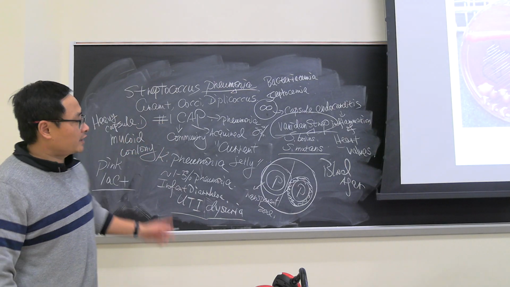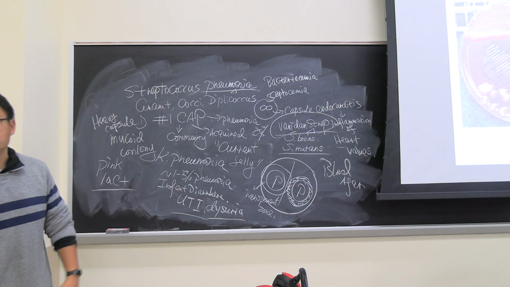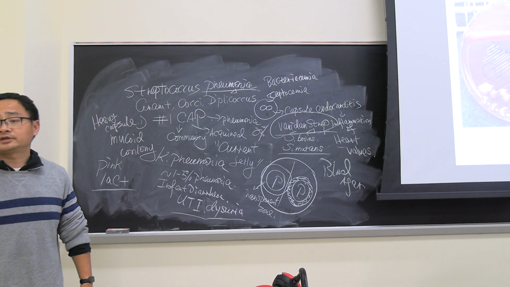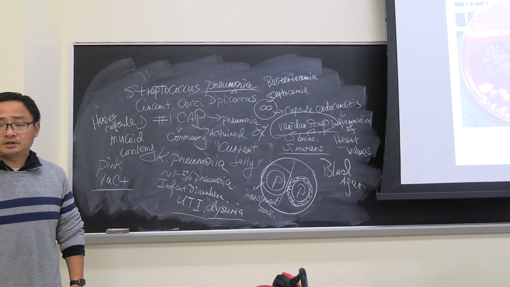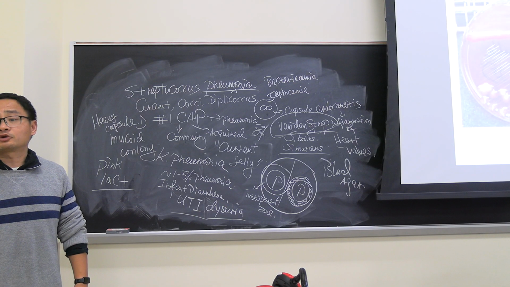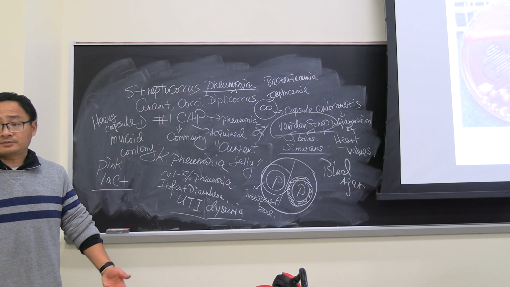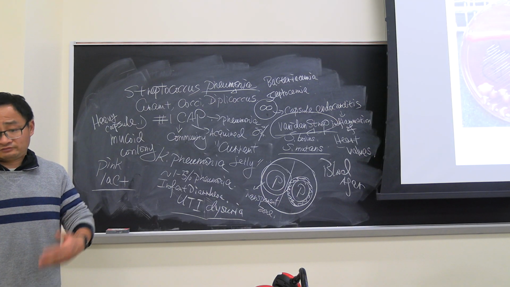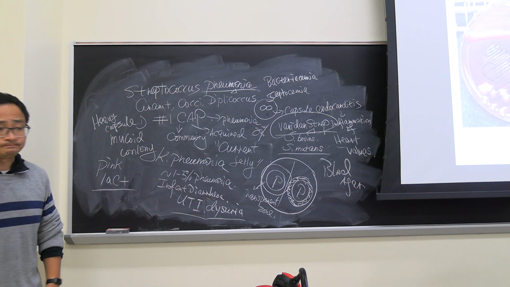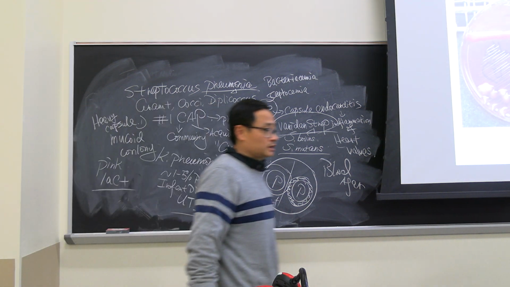Currant jelly is not common in the United States. You can think of it as your bread jelly. It's usually a product in Germany, Italy, and the European countries. We have grape jelly. Think of it the same as grape jelly. It's a very heavy, thick cough with some blood cells there. Okay, that's Klebsiella pneumoniae.